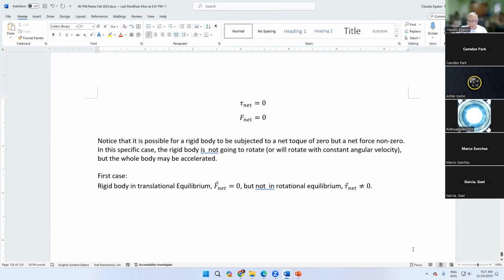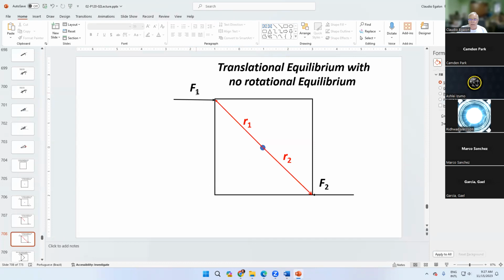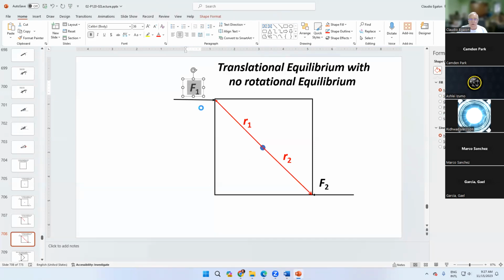I'm going to copy and paste right in here so I have the proper vector notation.